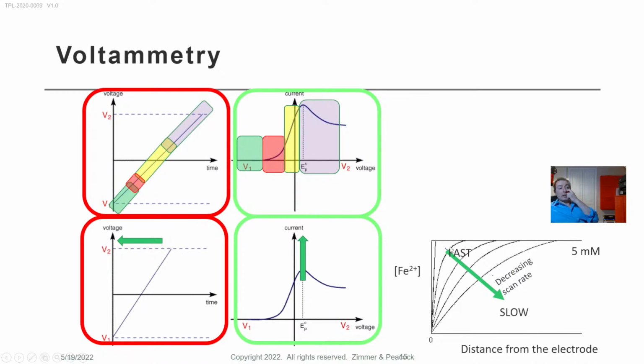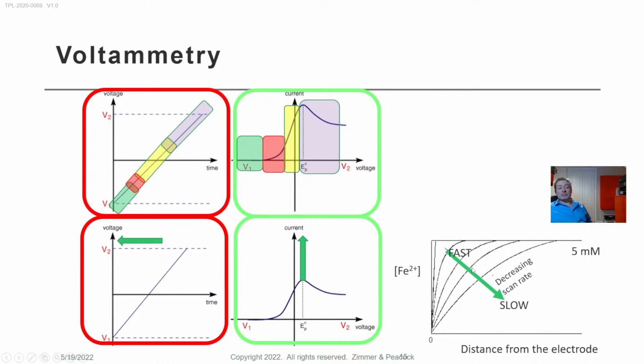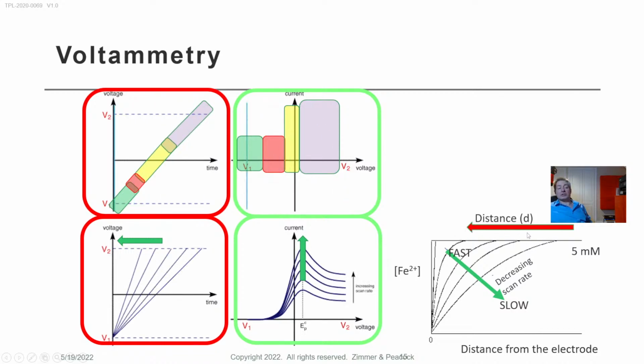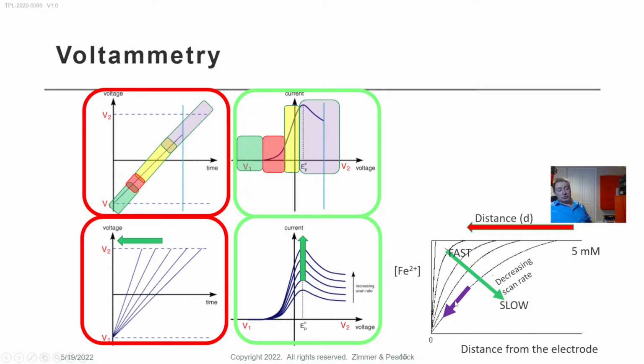If you go slowly, at each voltage you're there for quite some time. You pass quite some current, and therefore you end up converting ferrocyanide to ferricyanide, and we get what's called an increased depletion zone. The faster we go, the shorter the distance that defines the depletion zone, and the slower we go, the longer it is. So when you ask why the peak height of my CV is proportional to scan rate, it's because of this diffusion gradient.